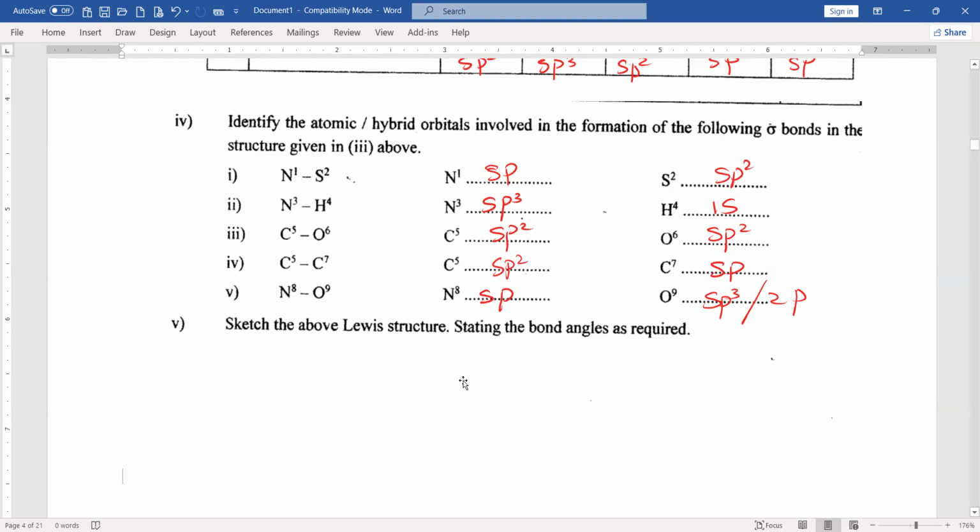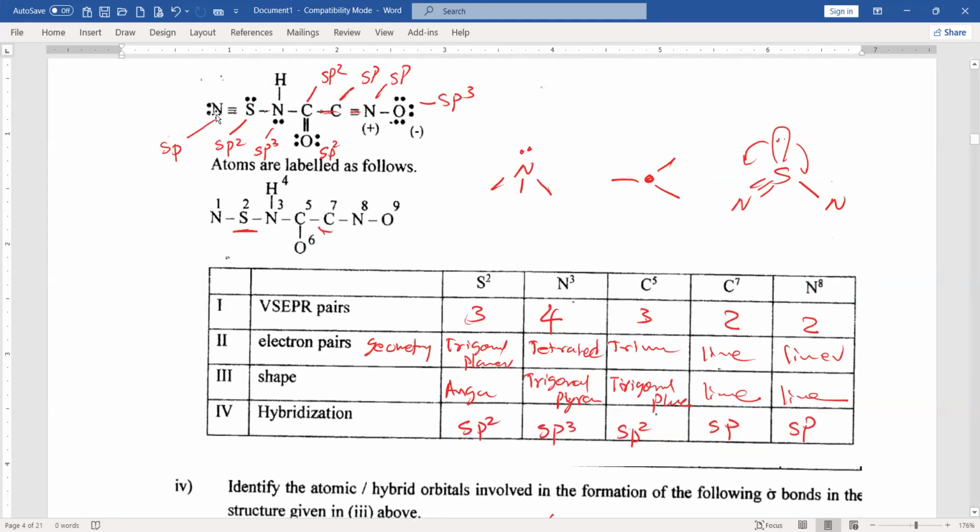Then sketch the above Lewis structure. State the bond angles as required. Even in this case, you can use the same name. Then put 2p, not both. Why? It is terminal. This is a terminal atom. This is also a terminal atom. So we don't consider that.